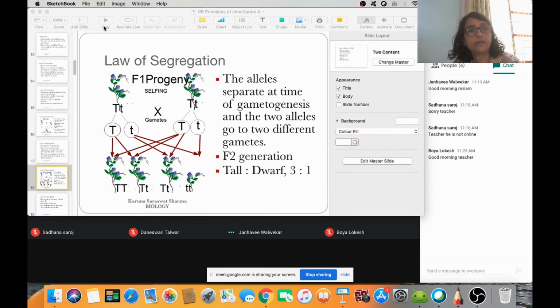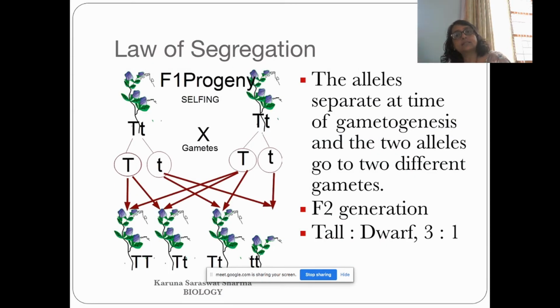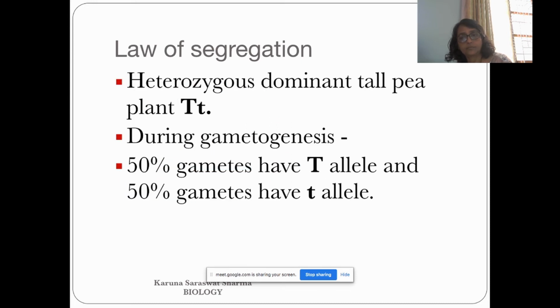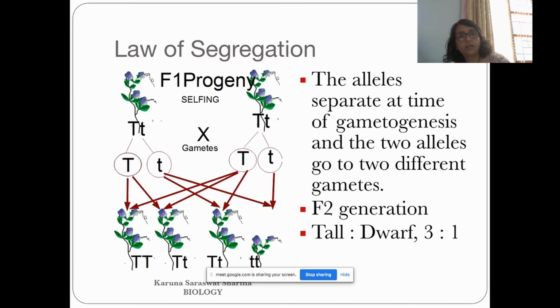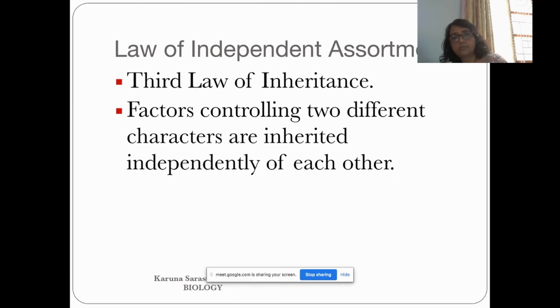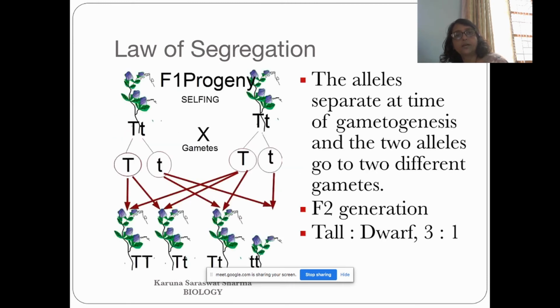So, yes, very good. As the alleles separate at the time of gametogenesis and the two alleles go to two different gametes, in the F2 generation that we get, a capital T fuses with capital T to form TT, tall plant.